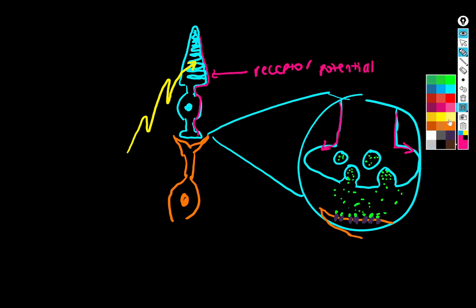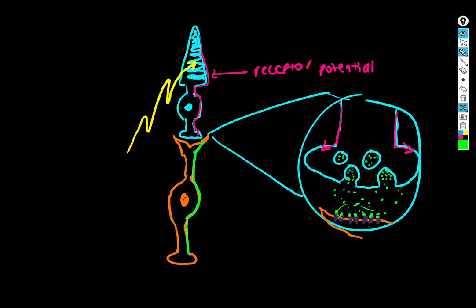And then let's give our little bipolar cell an action potential, which I'm going to illustrate as being green. So as a result of this glutamate, we get an action potential from that graded potential, which causes the bipolar cell to release its neurotransmitter onto the next cell in the chain, which is the ganglion cell. So this one is an action potential.